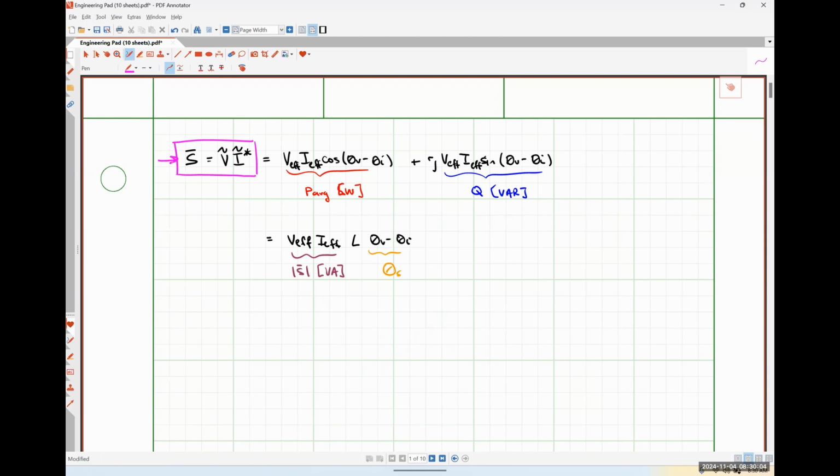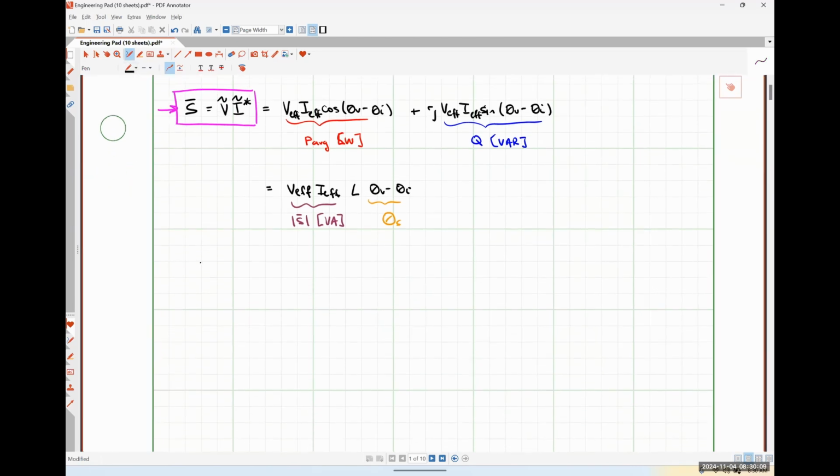Okay. So one handy way that we can use to help us remember how all of these things are related is what's called the power triangle. So the power triangle is simply a graphical representation of these relationships.